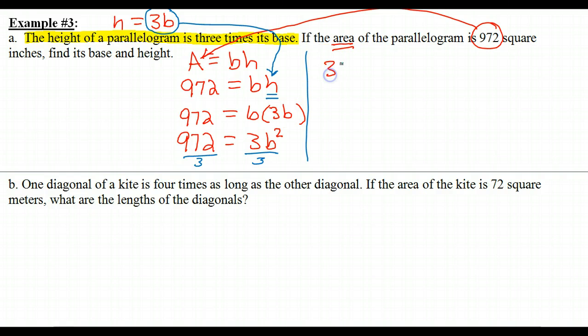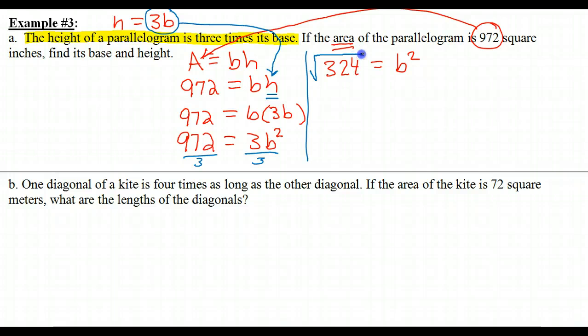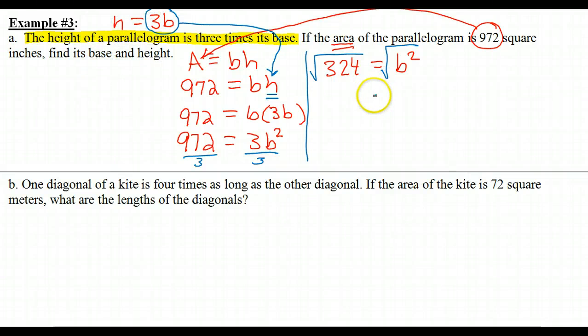So this gives us 324 is equal to b squared. Just dividing by 3. And it's time to take the square root of both sides. So square root, square root. That's going to give me b equals 18.